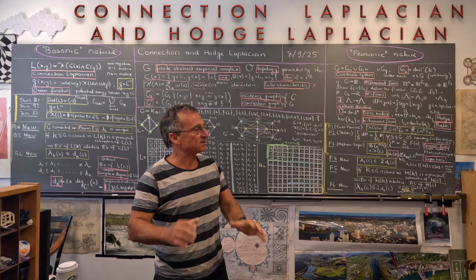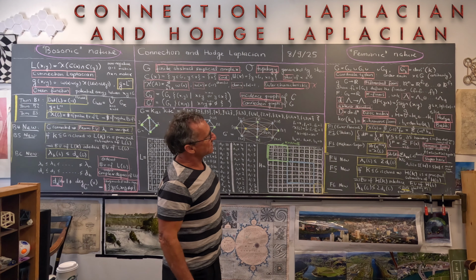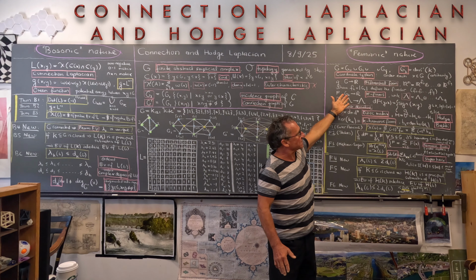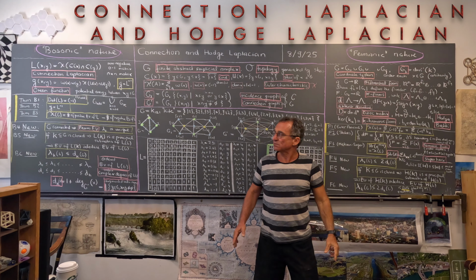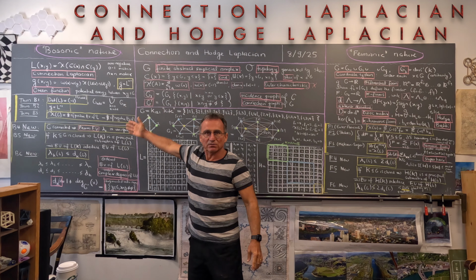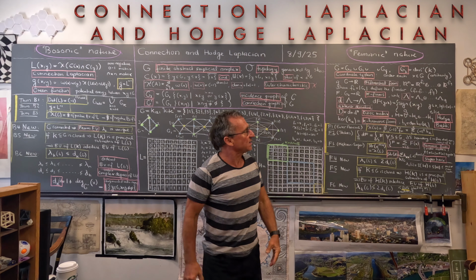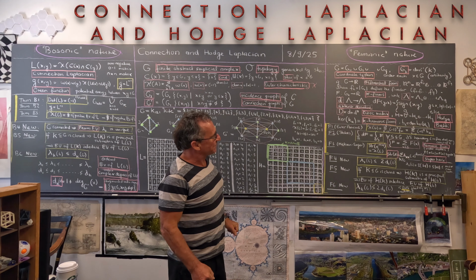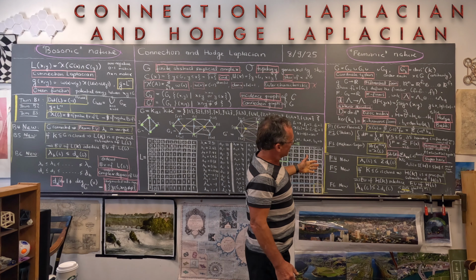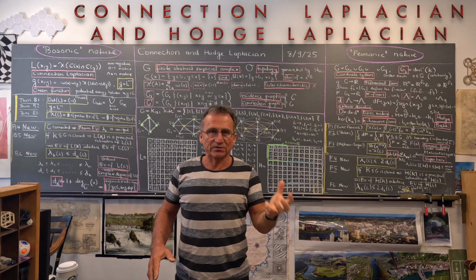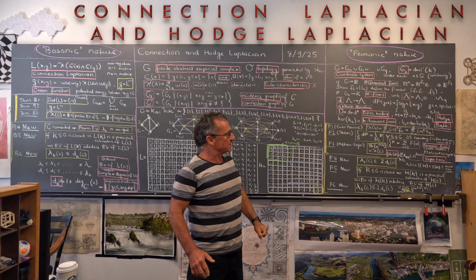So there are fields and there are geometries in this story. The fields are just the vectors, right? The R^n vectors. So these also exist here. We are working on the same n-dimensional Hilbert space as here.